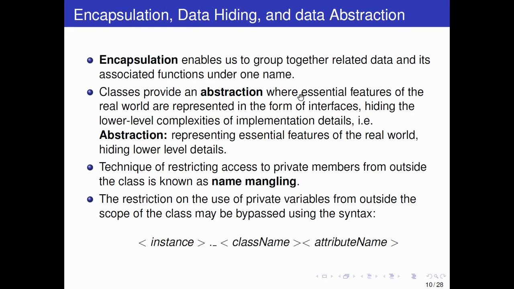Classes provide an abstraction where essential features of the real world are presented in the form of interfaces, hiding the lower level complexities of the implementation detail. So abstraction is defined here. What is the meaning of that? Representing essential features of the real world, hiding lower level details. We'll see an example of this.